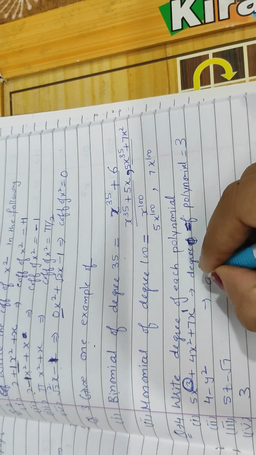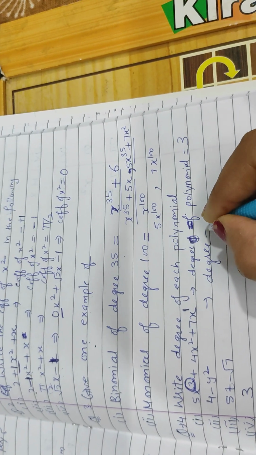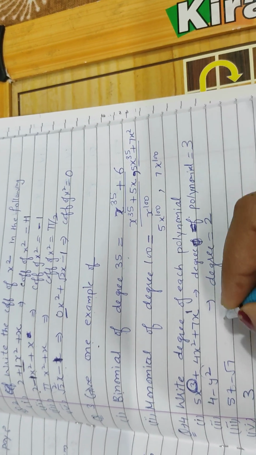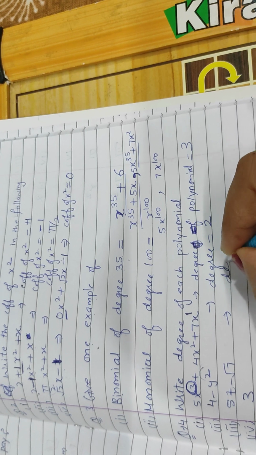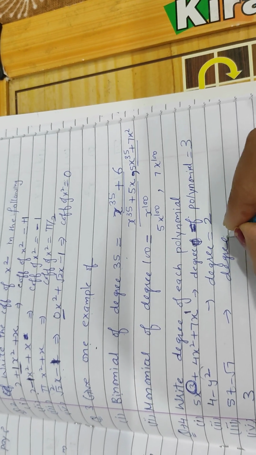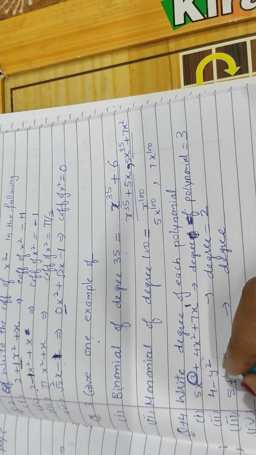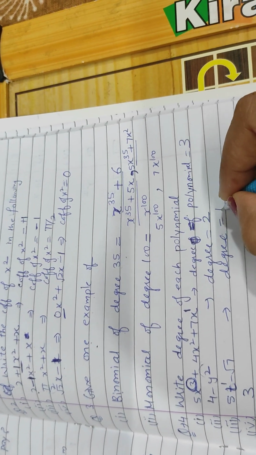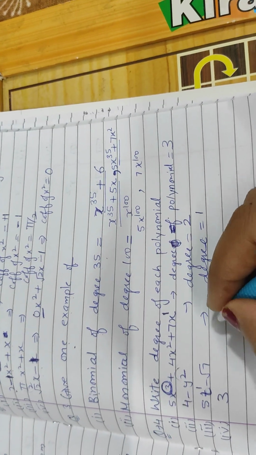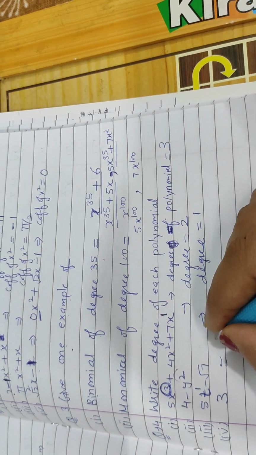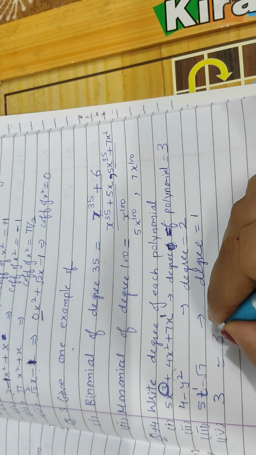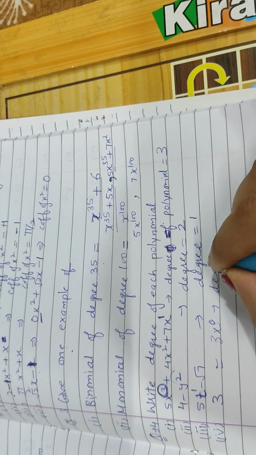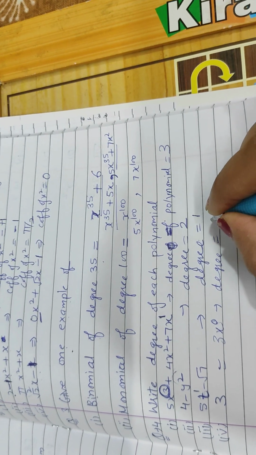Next, the degree is equal to the highest power, that is 2. Next, 5t minus something. Here the power is not written, it means t power is 1. So the degree is 1. 3 is a constant. We can write 3 as 3x raised to power 0.